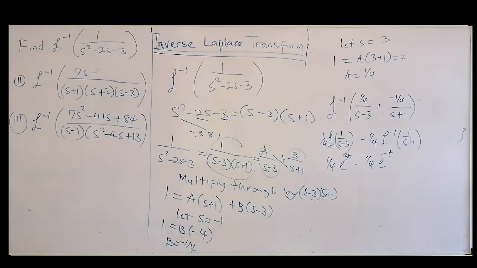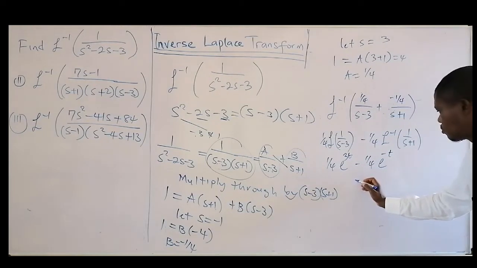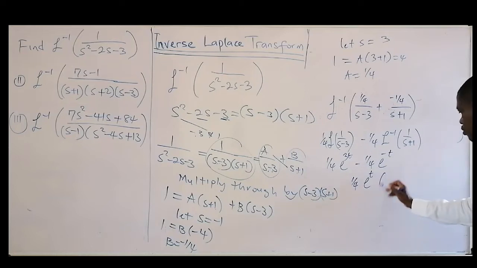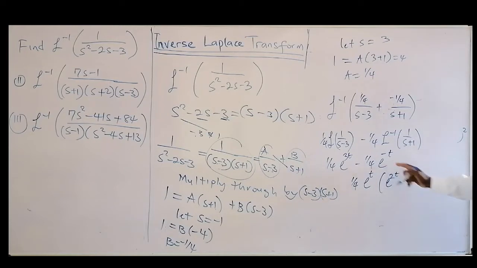We can take 1 over 4 outside and take e to the t outside, and what would remain here is e to the 2t, and minus this one also, that will be e to the minus 2t. If you open it also, you get back.